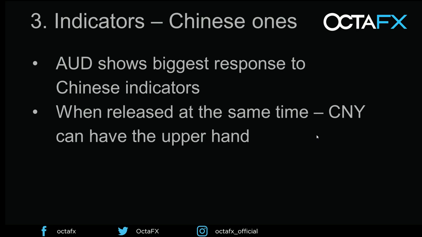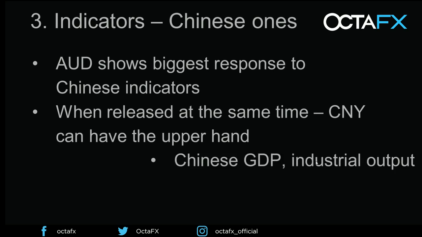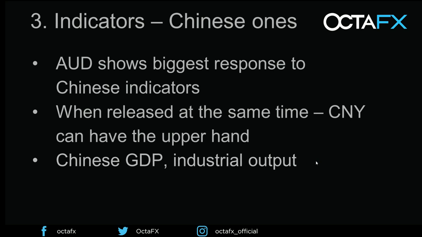We sometimes have releases at the exact same time, sometimes it's 15 minutes difference, then we have better reaction to the Chinese ones. The most important indicators in China are GDP, clearly, it's released together with industrial output, and when we don't have GDP, because GDP is released only once per quarter, we have industrial output in China, which reflects Chinese demand for Australian metals.